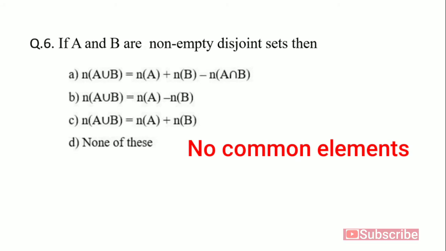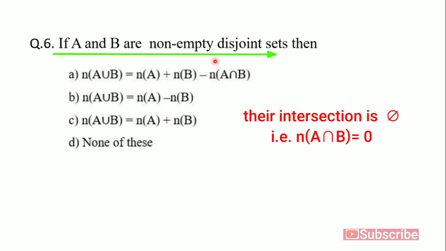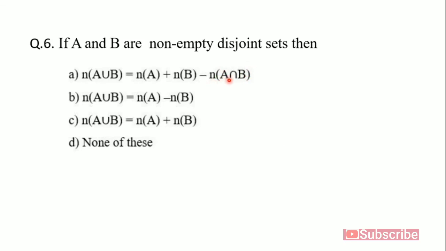So when A and B are non-empty disjoint sets, that means their intersection is phi. That means n(A intersection B) is equal to 0, where n means the number of elements in the intersection part. So n(A union B) is equal to n(A) plus n(B) minus 0.